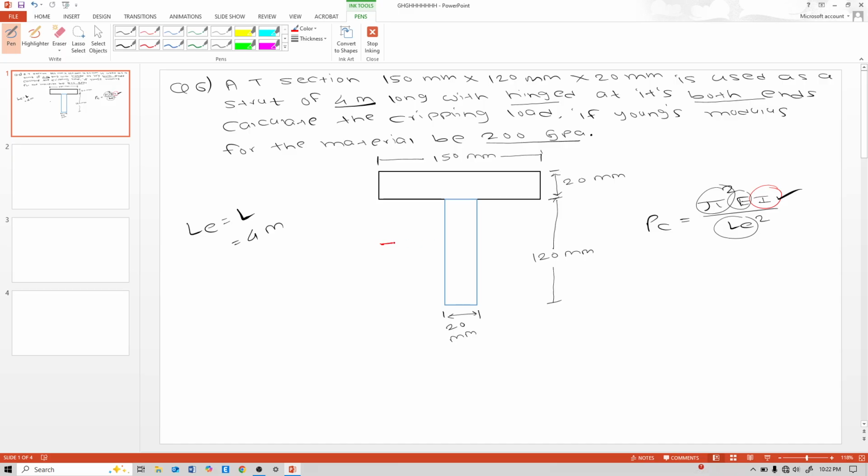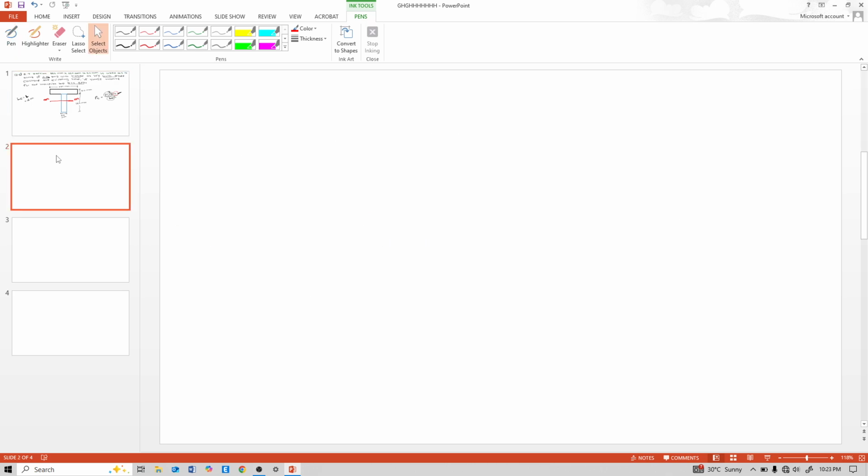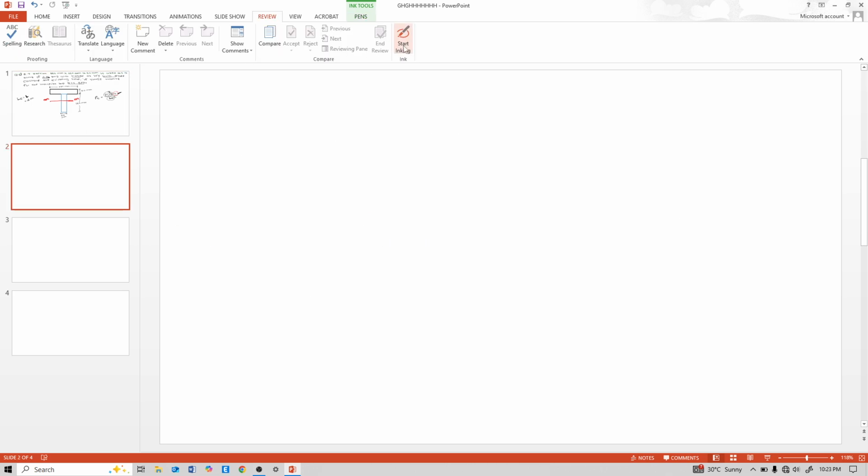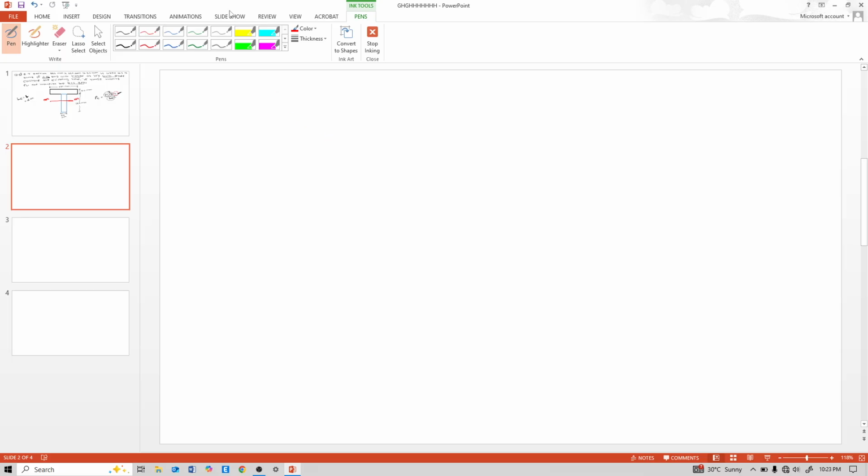So for that, first we need to find the centroidal axis. Centroidal axis, that means neutral axis of this T. And we all know the neutral axis formula, we had seen this in our previous lectures. First write the position of neutral axis.